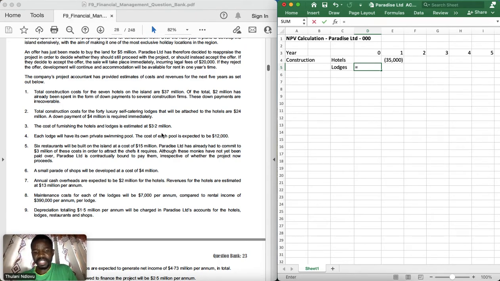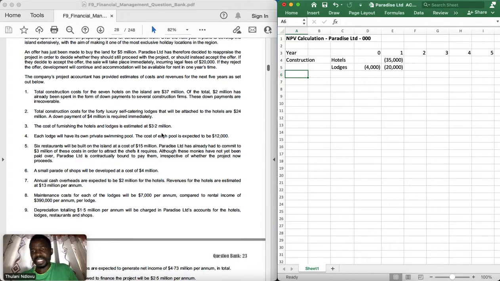So in year 0, we have 4 million. Then in year 1, the total is 24 million, so in year 1 we will have 20 million.